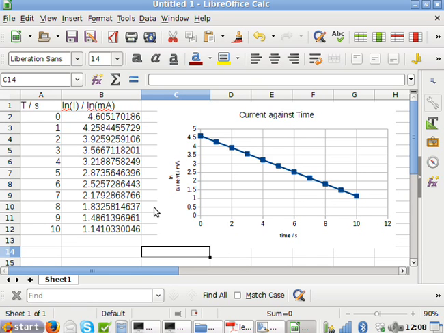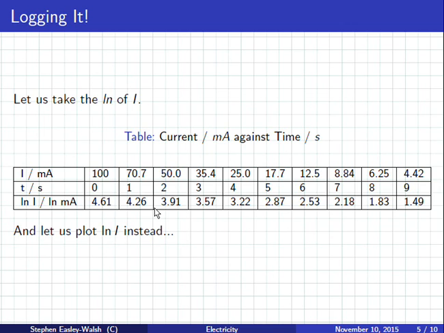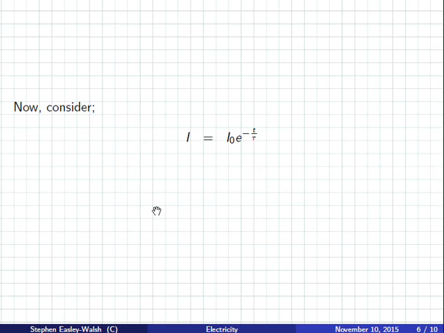Now, what I want to do next is calculate the log of the current. So if I go back to my file here and put in another column, log of I. And the unit is log of milliamps.